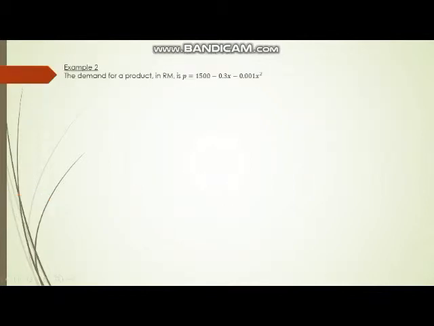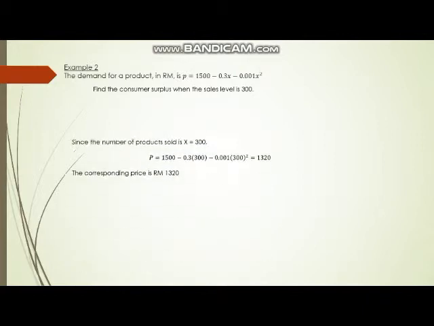Example 2. The demand for a product in ringgit is P equals 1,500 minus 0.3x minus 0.001x squared. Find the consumer surplus when the sales level is 300.